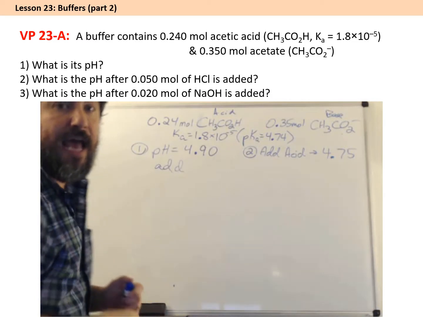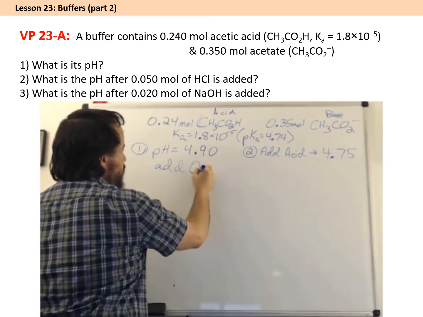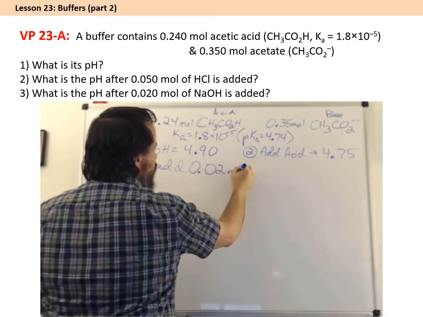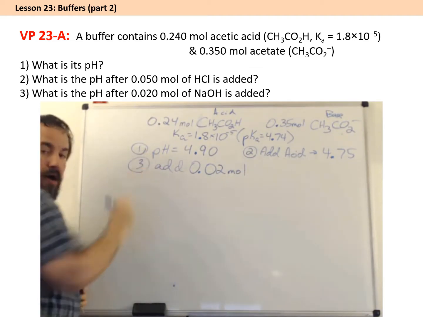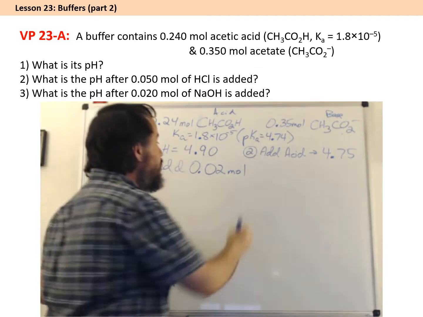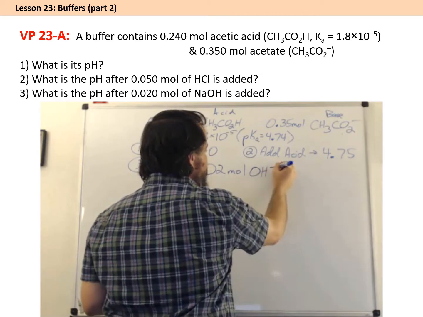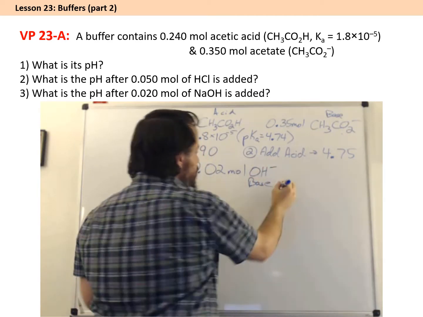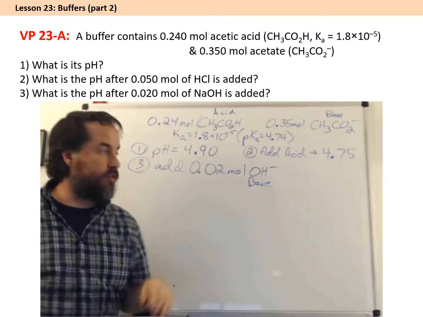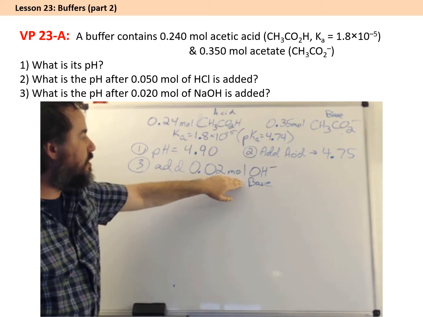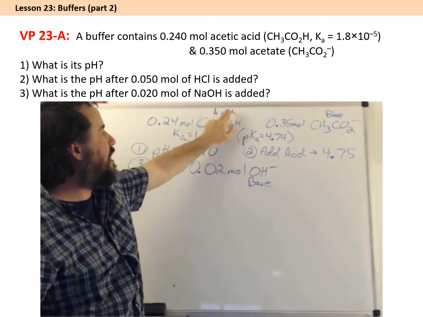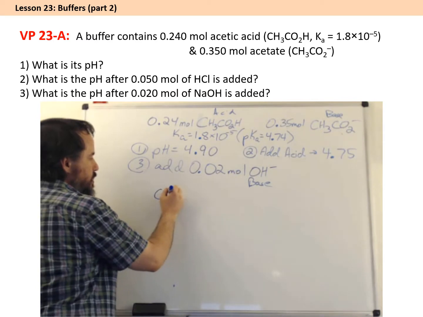Part 3 is I add 0.02 moles of NaOH. NaOH is a strong base, and it's going to produce OH minus. So my OH minus, which is a base, is going to react with my acid.